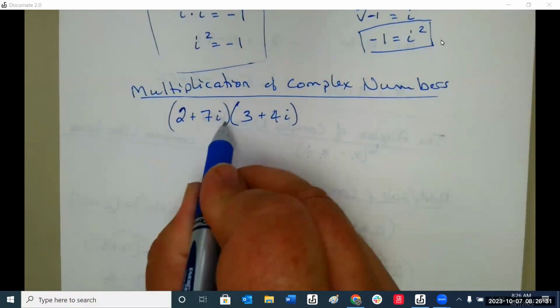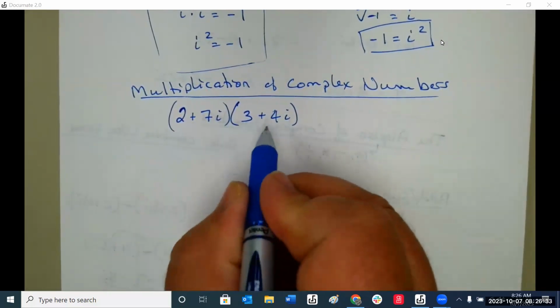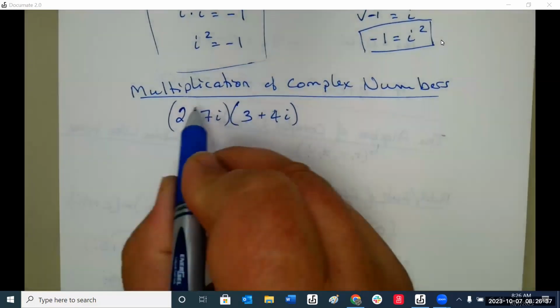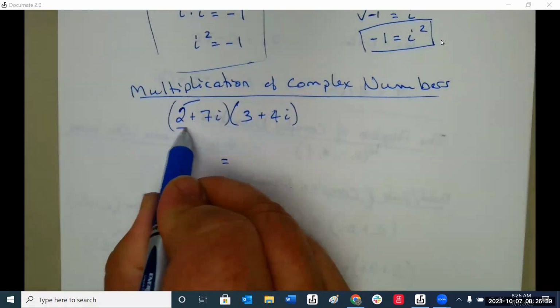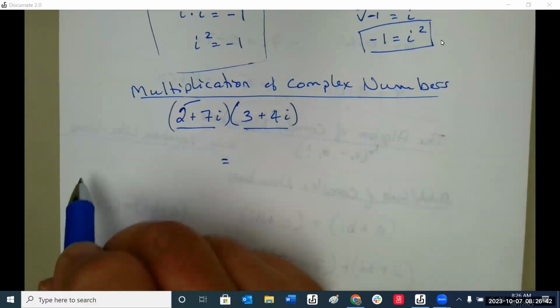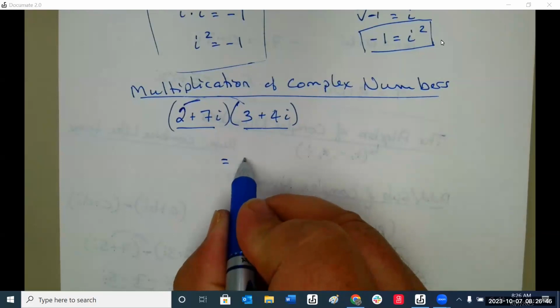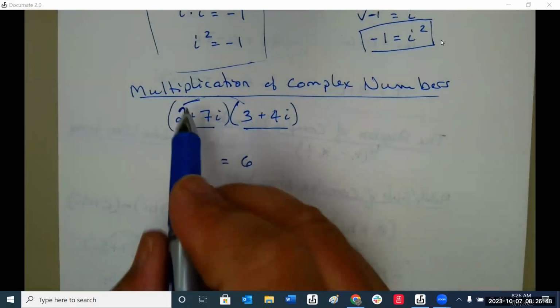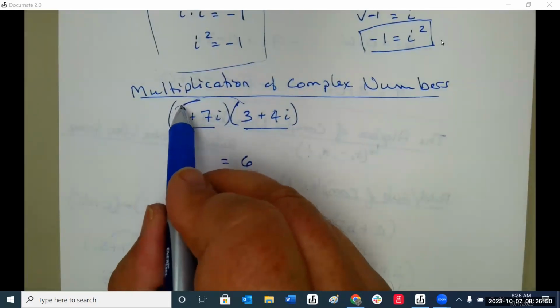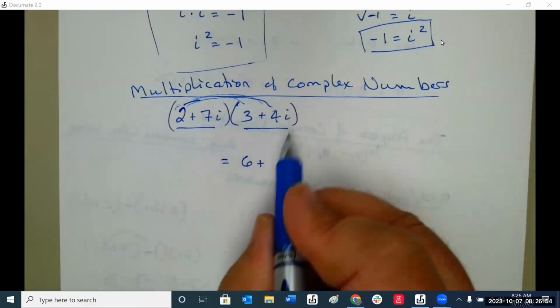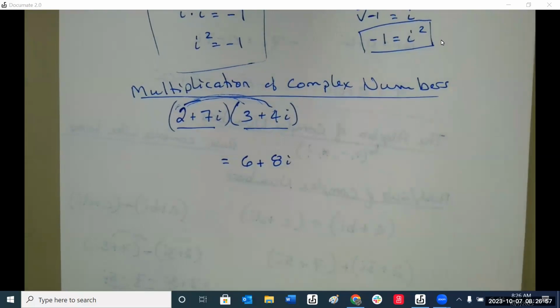So we have two binomials, or two terms in each one. They're binomials. So the first term, both of these terms have to multiply both of those. So the first term times the first term, 2 times 3 is 6. Then positive times positive is positive. 2 times 4 is 8i.